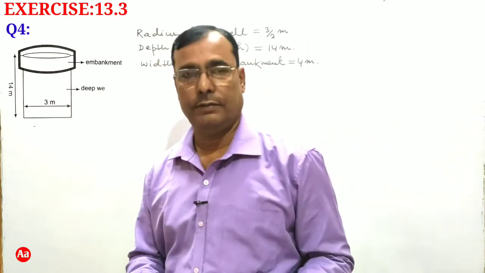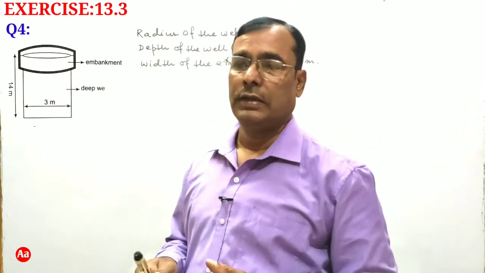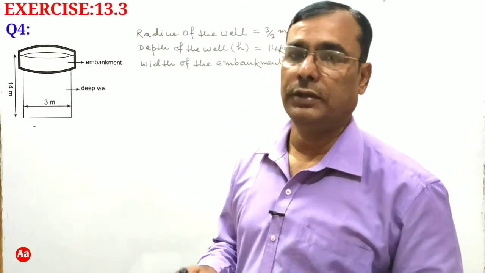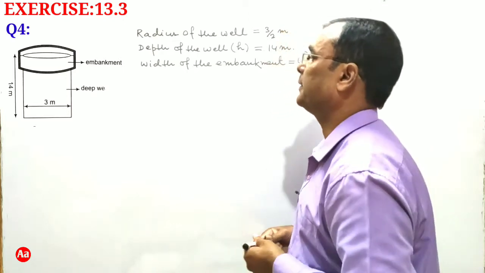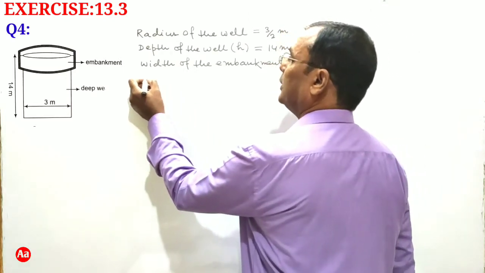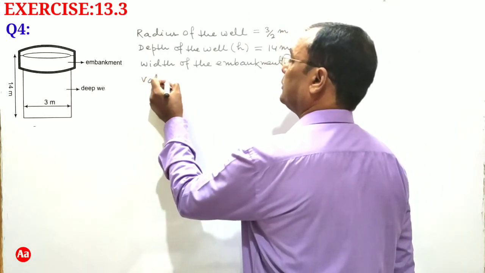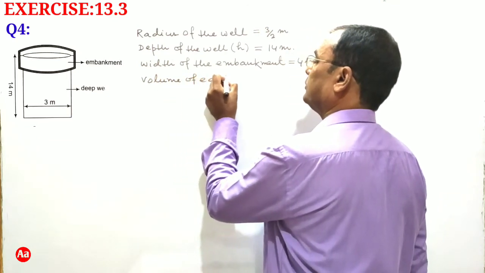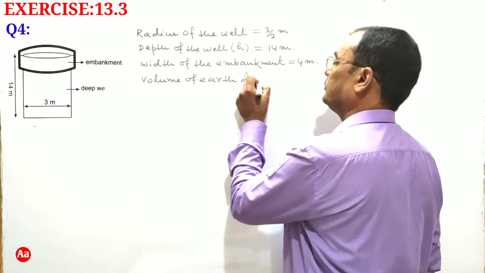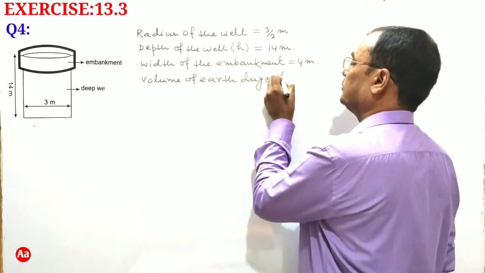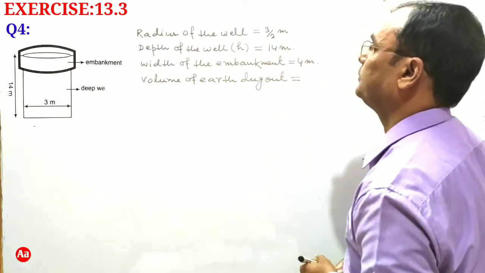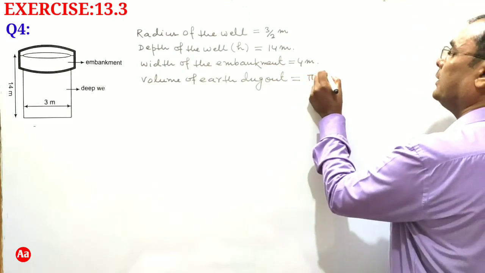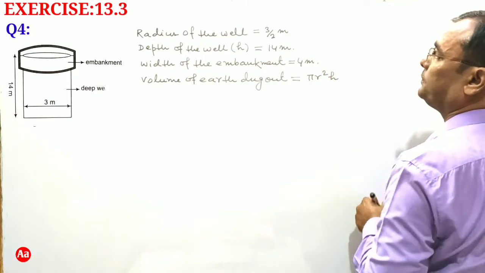First we shall find out volume of the earth that has been dug out from the well in the form of cylinder. So volume of earth dug out, this is equal to pi r square h.